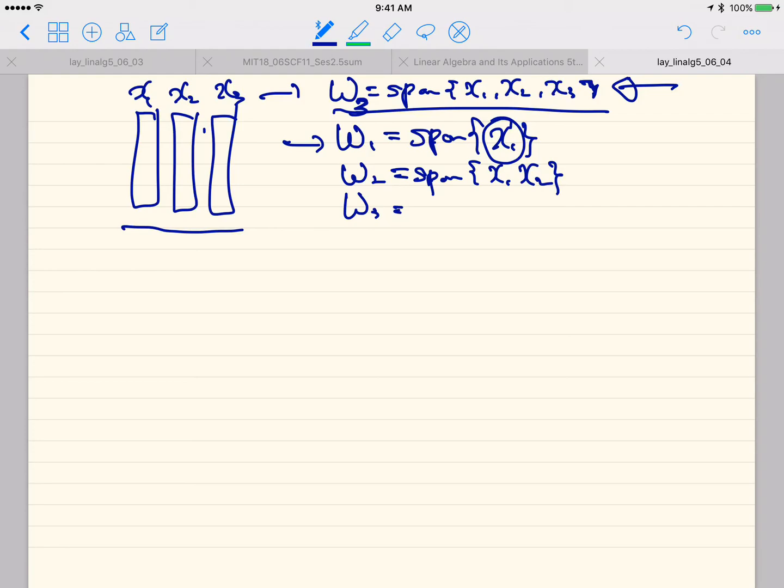And how we do it is we just do the orthogonal projection of this second vector x1 along this first subspace W1. And then the remaining part will become this orthogonal vector, which is our remaining vector. Okay, and then we scale this vector to have a length of 1.